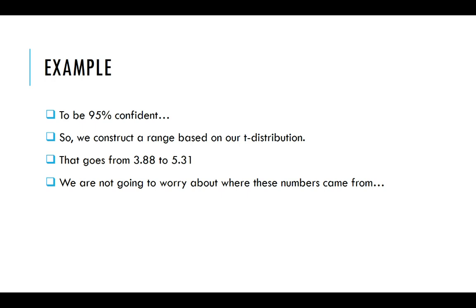This is not our task for right now. Just trust me, we will get there. But we found this range, and anything in that range means that we can be 95% confident that our difference in test scores is not due to chance, that it's really a difference. So we'll do that part later. Where do the numbers come from? We're going to cover that later, don't worry.